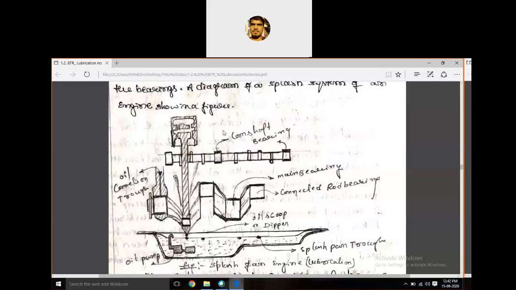This is the connecting shaft or bearing, and these are the components. By rotating these components, the main bearing and connecting rod bearings will splash the oil. The system is able to provide a continuous supply of oil into the system.